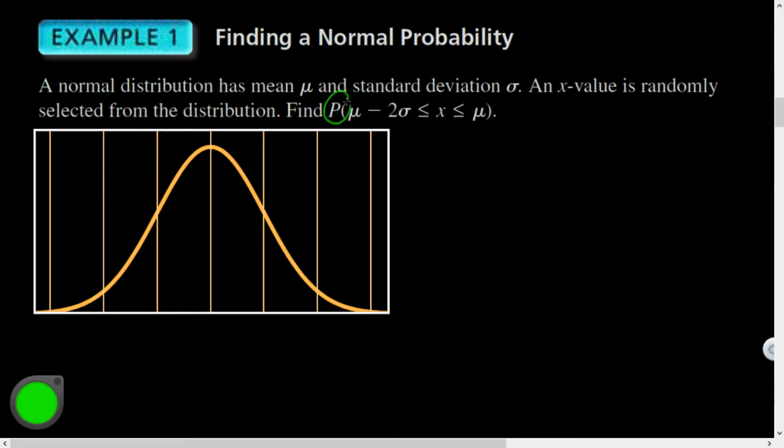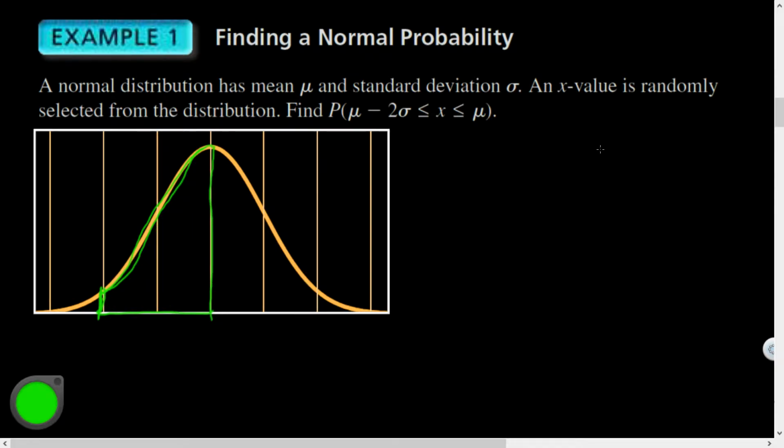What is the probability that it is between two standard deviations less than the mean and the mean? So what region are they describing? They're describing two standard deviations below up to the mean, up to the middle. So this is the region that they're describing.